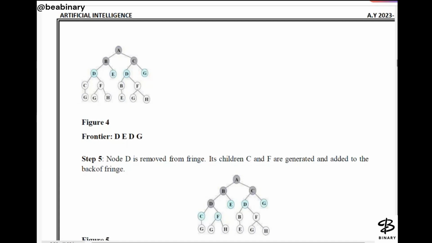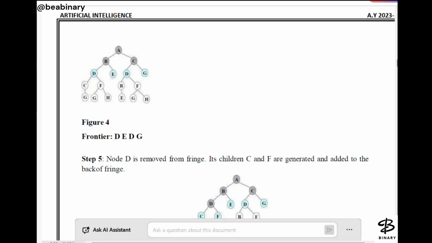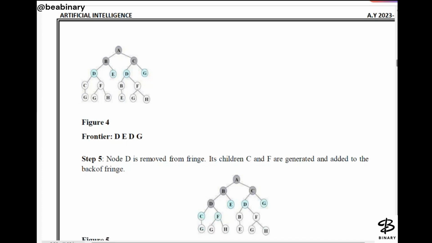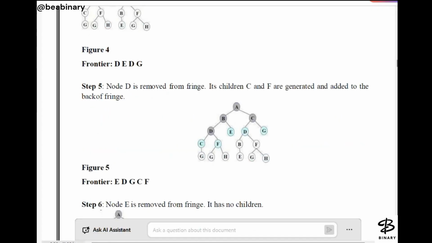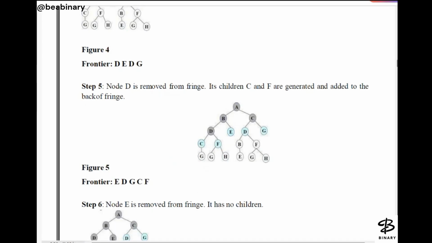Now node D is removed from the fringe and its children C and F are generated. We will expand the D here, and C and F will be generated and added to the back of the fringe. And now the frontier is E, D, G, C, F. Now you need to expand these.